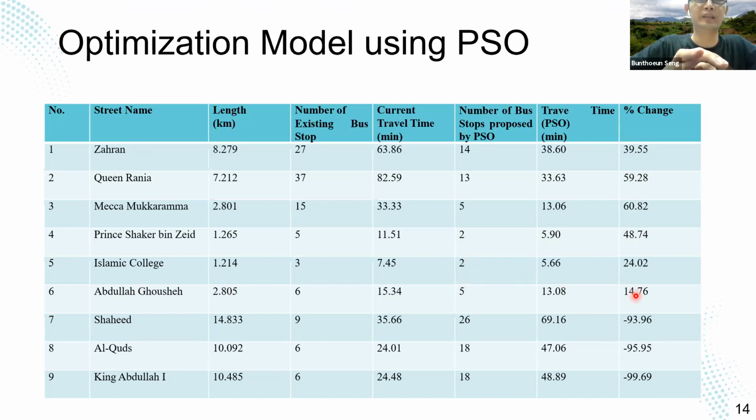We can see there's a reduction in the number of bus stops, but it is very minor, only 1 bus stop for each of these. And the third group is from street 7 to street 9. It has to increase the number of bus stops, which results in slower speed and a longer travel time.